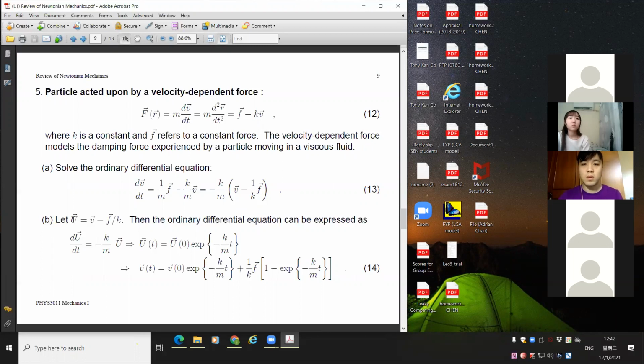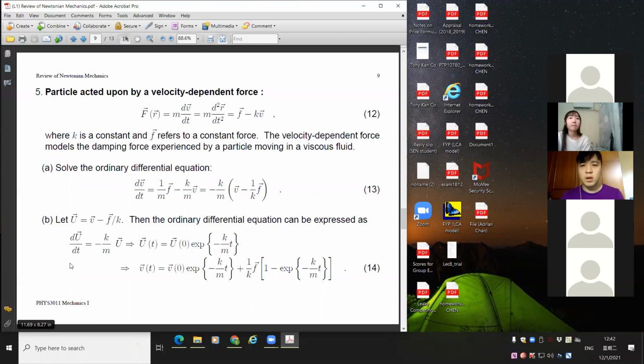We introduce a new variable, capital U vector. Then the ordinary differential equation becomes this. This is a simple first order differential equation.